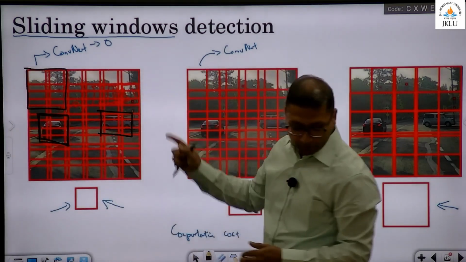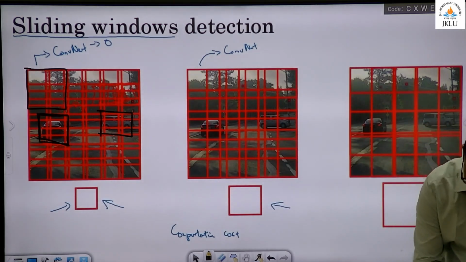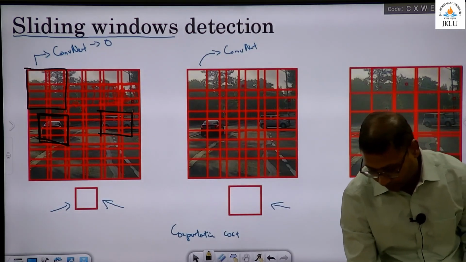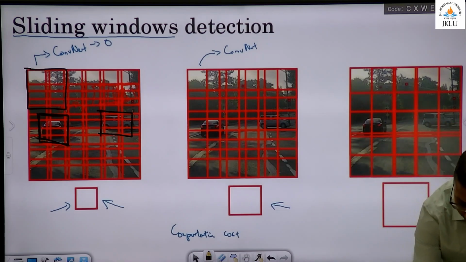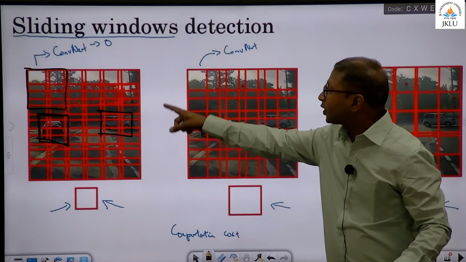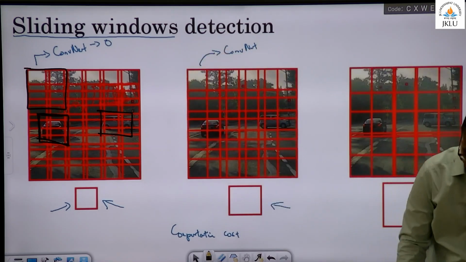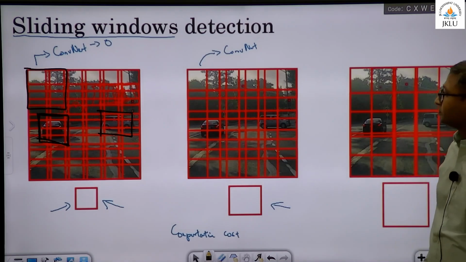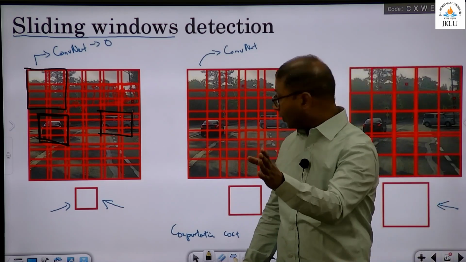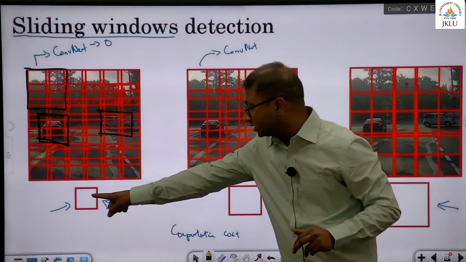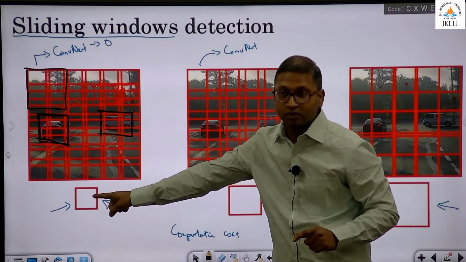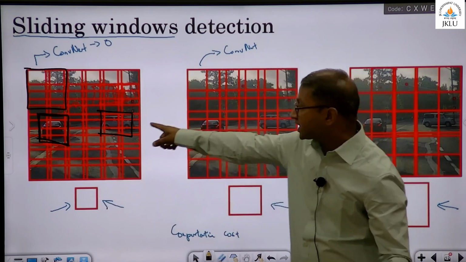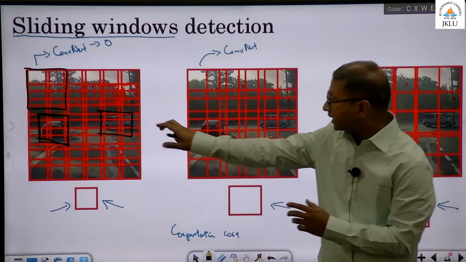What is the problem with this sliding window approach? The size of the bounding box is a problem, right? In this case, if you see, the bounding box was smaller, it may miss cars that are bigger.